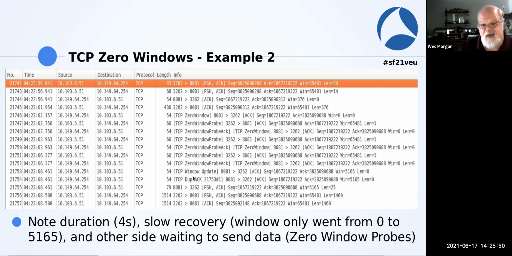So in this case, we've actually added 4 seconds of nothing to this transaction. This is the sort of thing that you do want to bring to the attention of the applications and operating system people. Because no application should be waiting 4 seconds to empty out its TCP receive buffers.